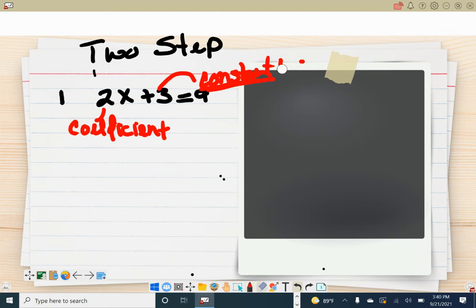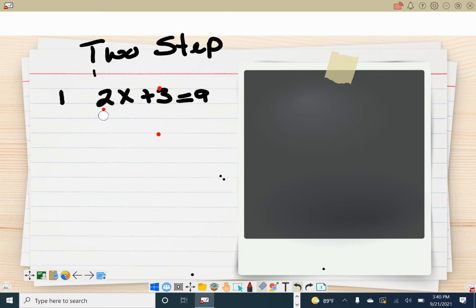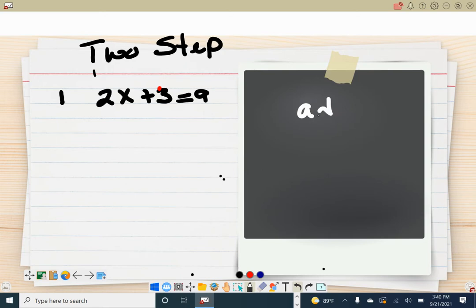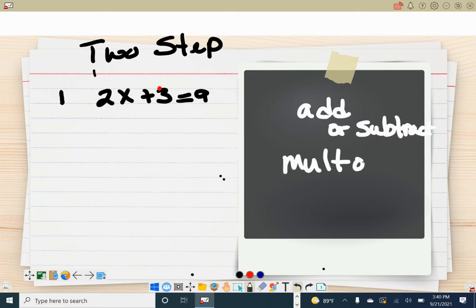So in all of our problems today, we're going to start with adding and subtracting first, then multiply or divide, depending on what we need to do.